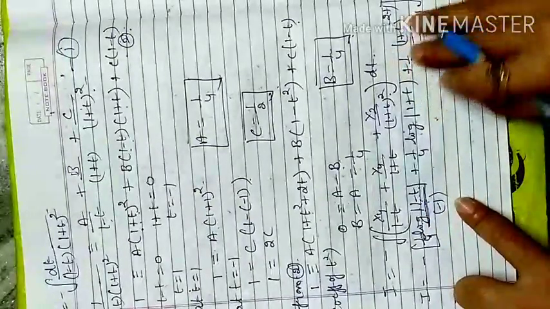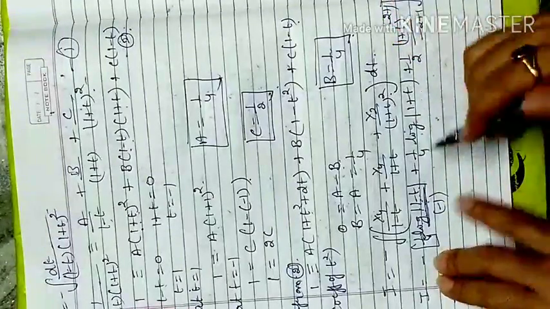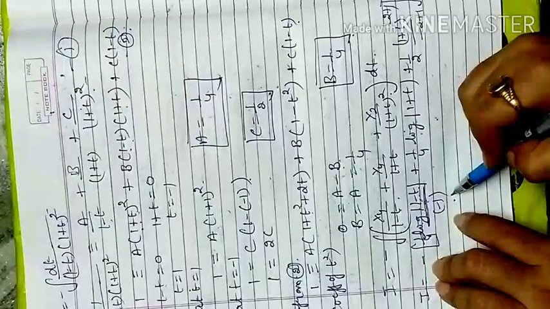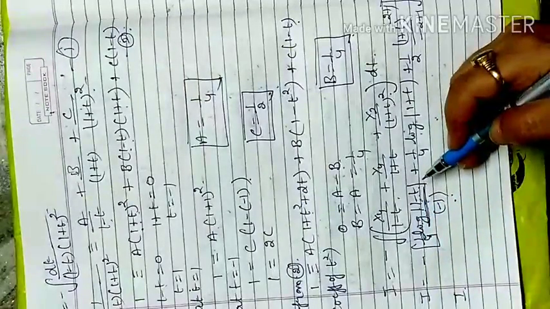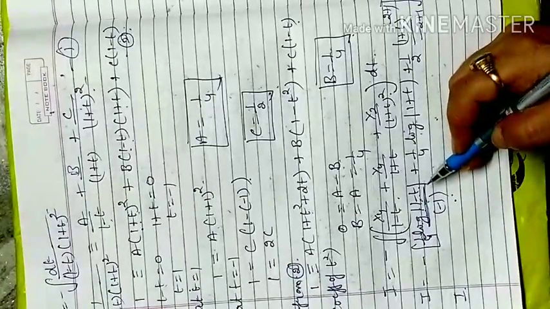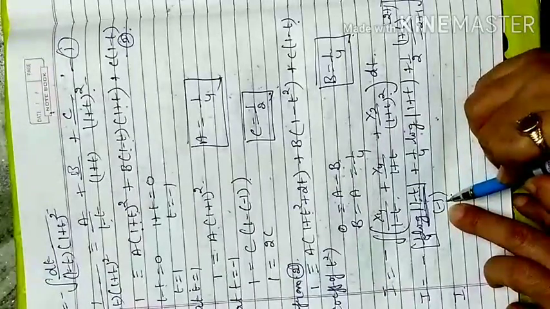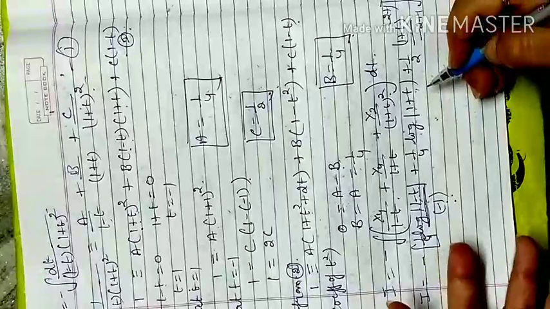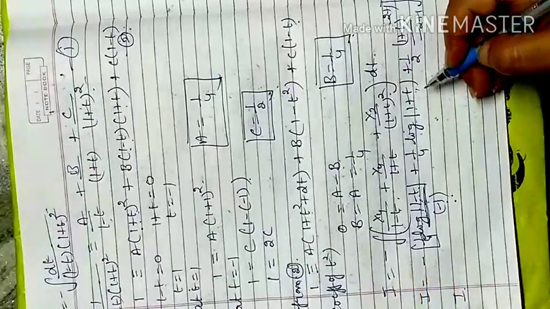When the power is linear factor, or only 1 upon a linear factor is there, the integration is in the form of log. Whatever you apply the integration to at the outer term, the inside term will be differentiated in the denominator. So the differentiation of 1 - t will be minus 1 in the denominator, and for 1 plus t, we do not generally write the differentiation of a positive term, because the differentiation of a positive linear factor is always 1.